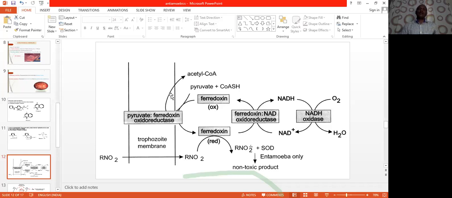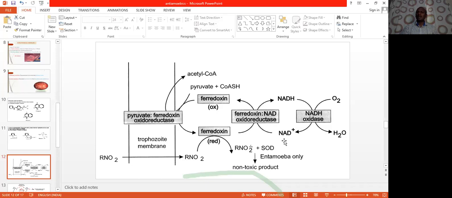We have studied in humans how energy is generated through glucose metabolism, and then in the mitochondria through the electron transport chain, how ATPs are generated. It is similar to that.